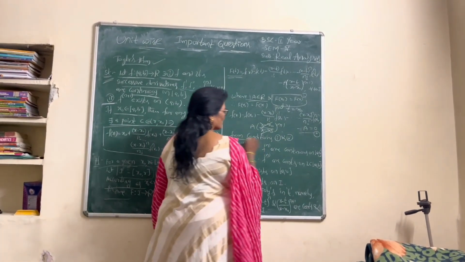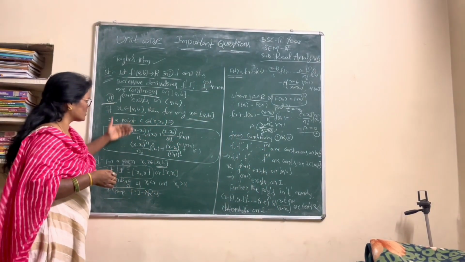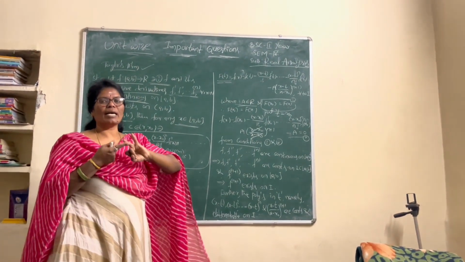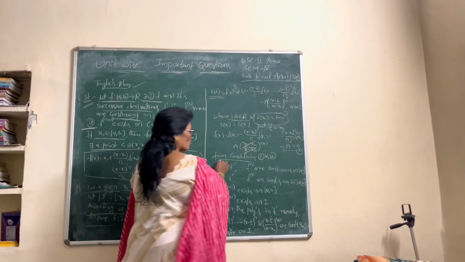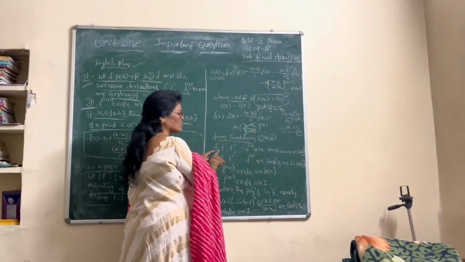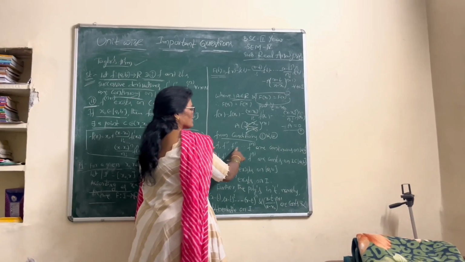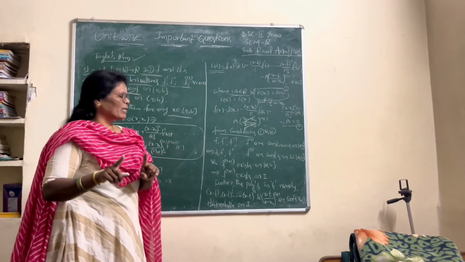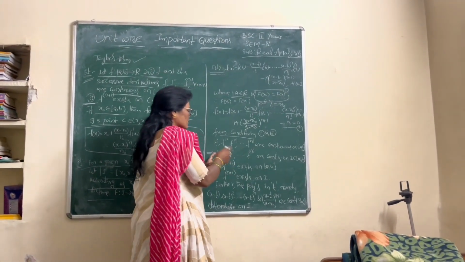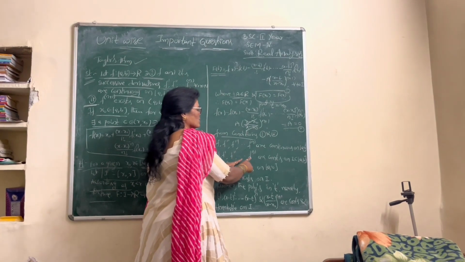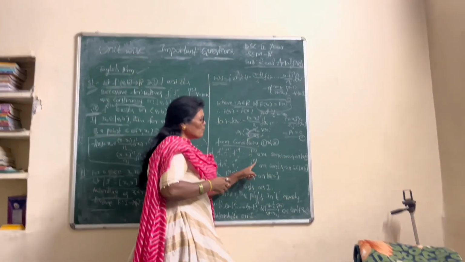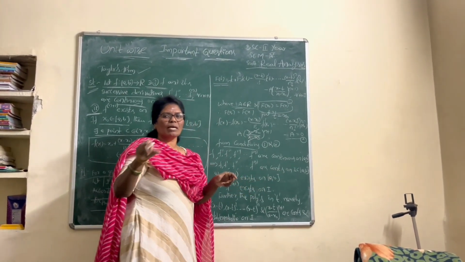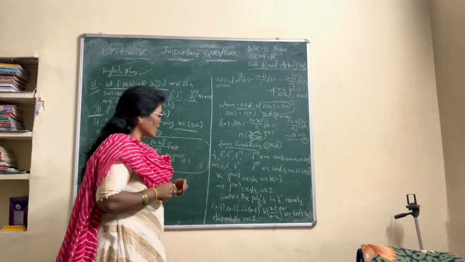From conditions 1 and 2 of the statement, the function is continuous as well as differentiable. The successive derivatives f'', f''', and so on up to f^(n) are continuous on the closed interval [a, b], and these are also continuous on the interval I, which is a subinterval of [a, b].